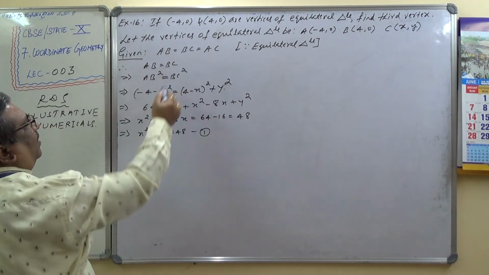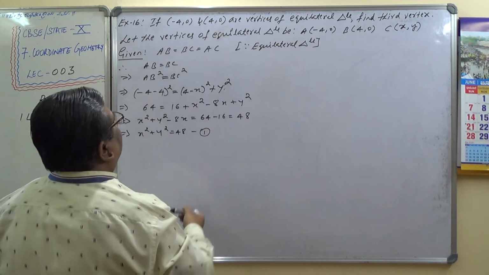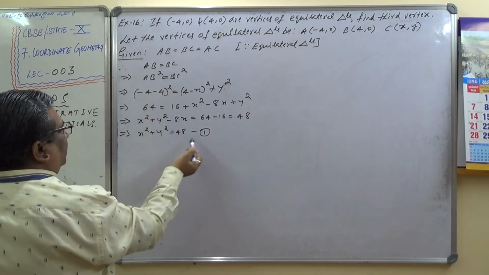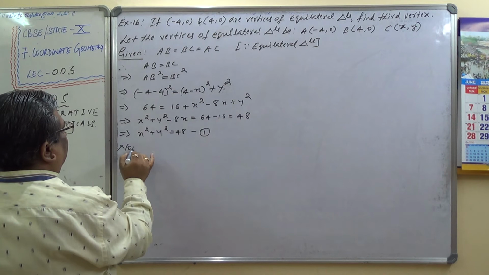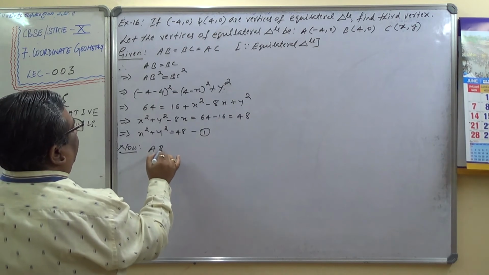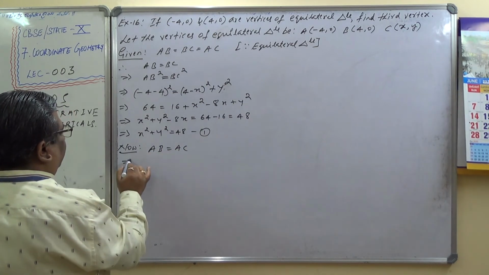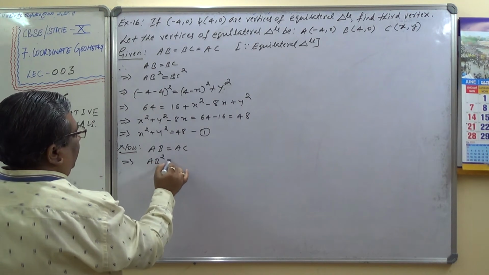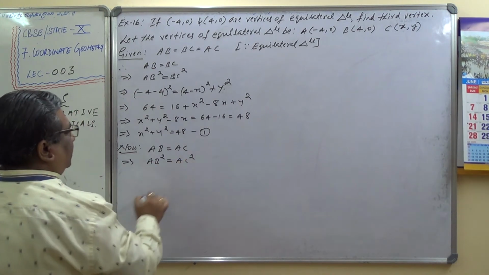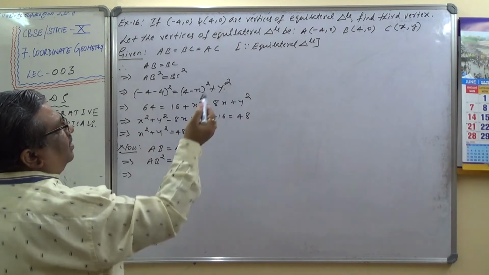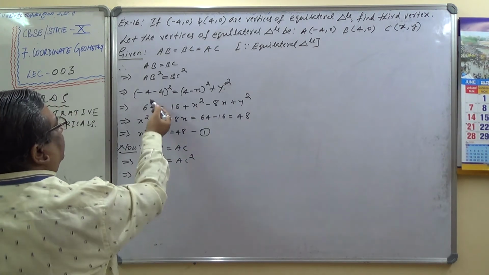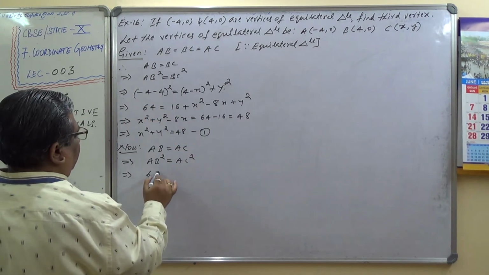Now AB is equal to BC I have taken. One more thing, AB is equal to AC I will take. That is 1. Now AB equals AC, AB square equals AC square. AB square is how much? Here it is written 64.